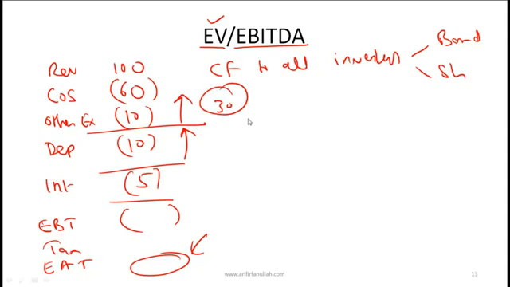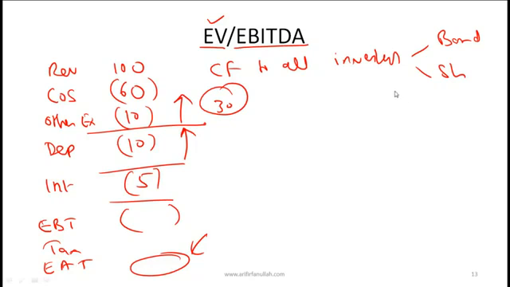So the overall cash flow, or at least an approximation of the cash flow which is available to bondholders and shareholders, is 30. Now there are limitations to this, where obviously we've not included the money that is paid out as tax, but nevertheless EBITDA is a frequently used approximation for the cash that is available to bondholders as well as shareholders.